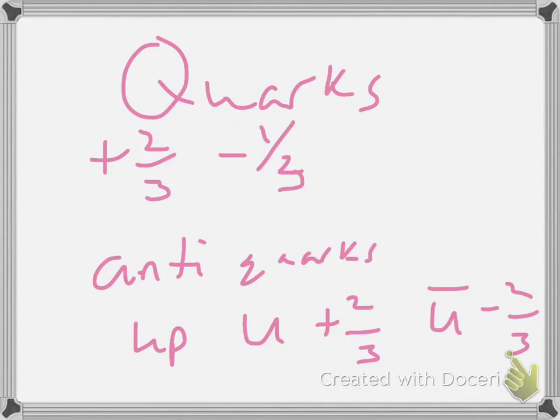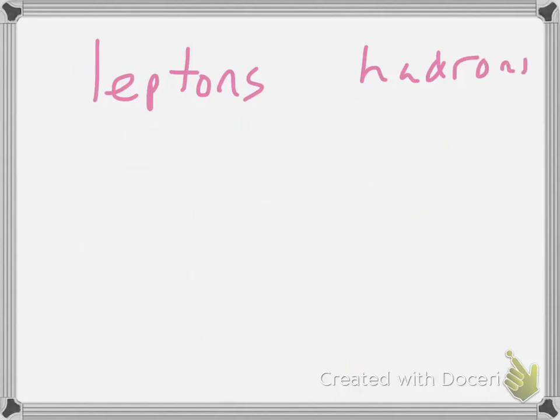Now, we'll talk a little bit about classification of matter since we're on the topic of quarks here. There are 2 different types. There's leptons and there's hadrons. Okay? Leptons, we'll just draw over here. These are their own little separate category. These are electrons and neutrinos.